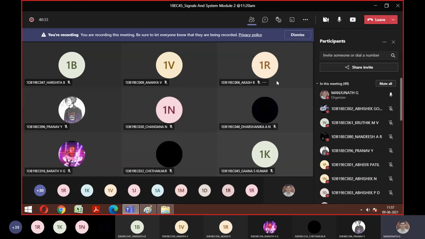18 EC 002, Abhishek Gowda, you're there? Yes, sir. What's the answer here? Is it static or dynamic? There is no production here. You need to solve and tell if it is static, why? If it's dynamic, why?